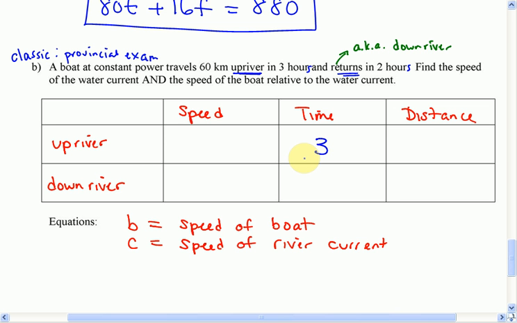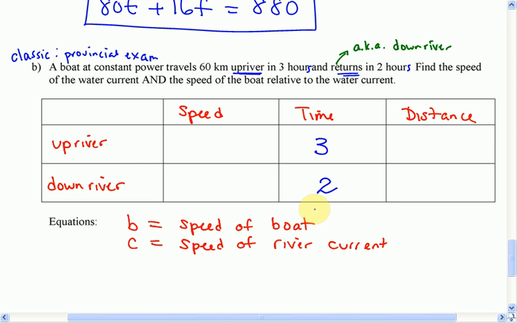Anybody else get some other information? 2 hours downriver. Good. 2 there. Speed is 60? No. The distance is 60 upriver. Isn't it constant?